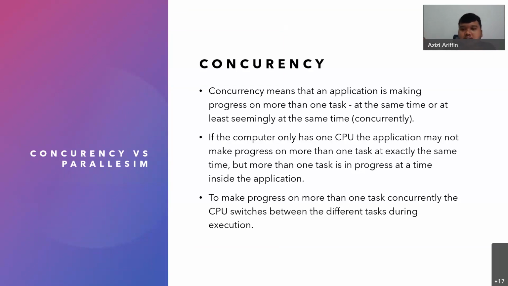So it seems that it's run at the same time, walaupun dia buat context switching, dia buat dengan cepat. Faham tak? Anyhow, the ultimate goal in socket programming, your server can handle multiple clients. So satu client tu tak perlu menunggu, right? So to make progress on more than one task concurrently, the CPU switches between different tasks during execution. So itu concurrent. Ada soalan tak setakat ni?